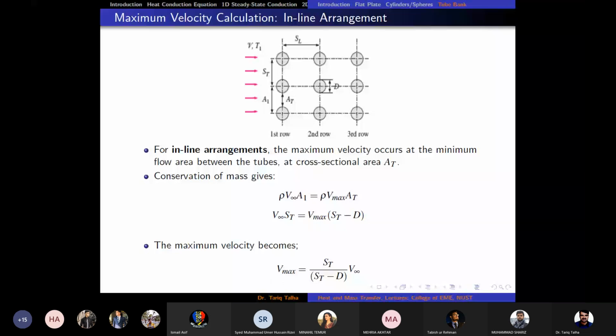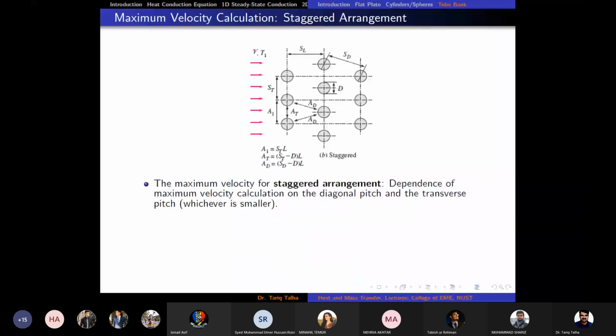And then secondly, we discussed the two possibilities for the maximum velocity calculation for the staggered arrangement. That depends upon the location of the maximum velocity.